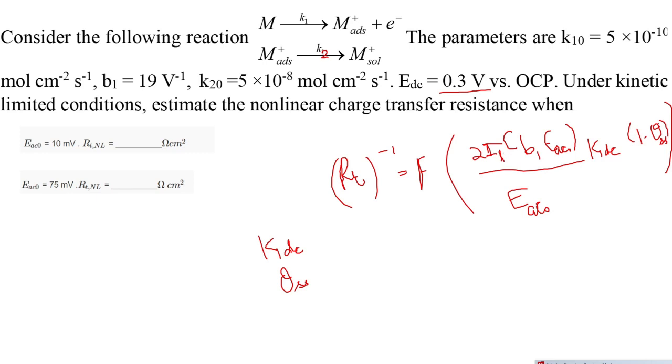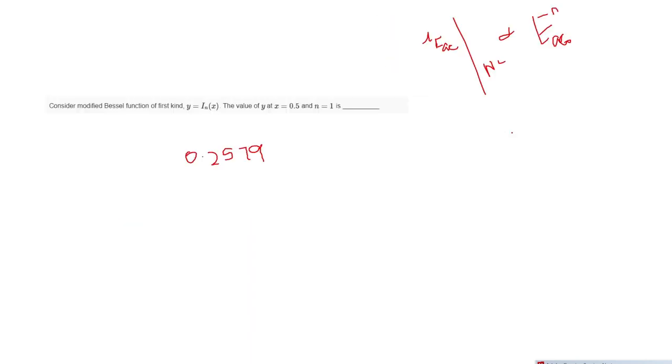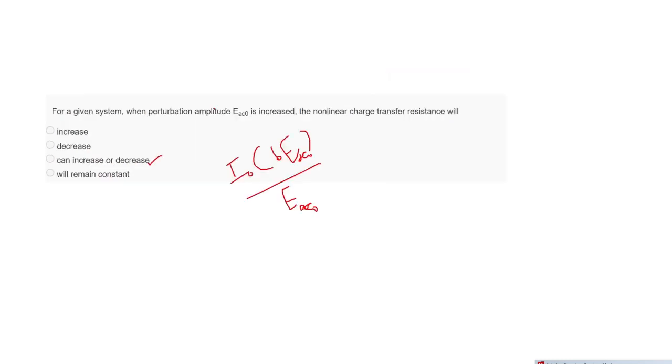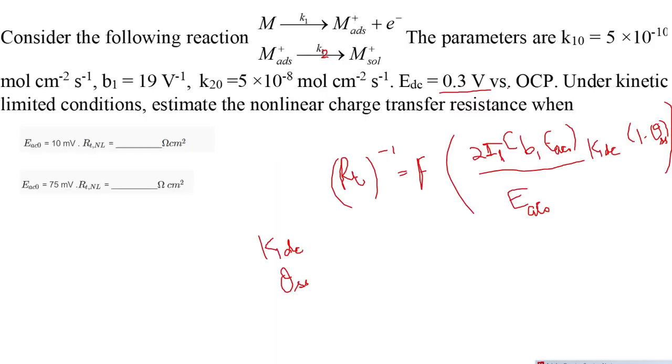I1 means n equal to 1 in In of x, so here n is 1 and x is B1 EAC naught. So this is the formula. First you have to find out K1 DC and theta SS. Please do it.